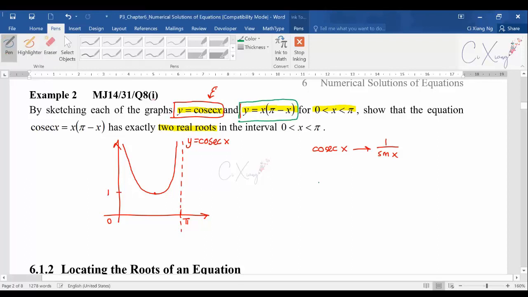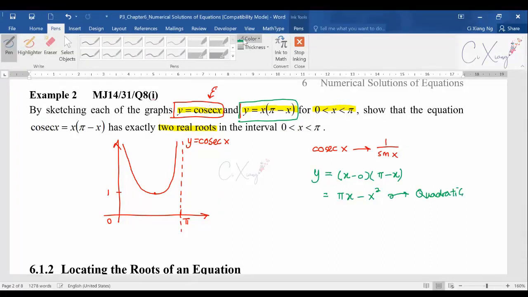To sketch this graph, first of all, you will see that it is actually something like this: x minus 0, and then pi minus x. If you try to expand it, you have pi x minus x squared. So from here, you know that this is a quadratic curve.